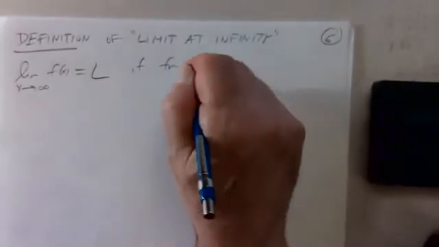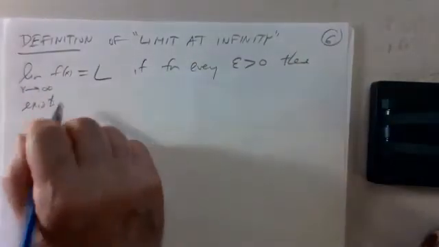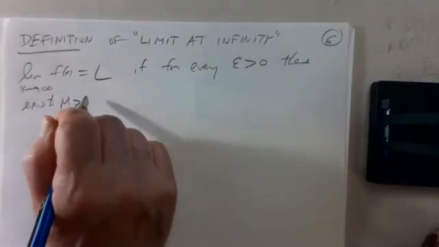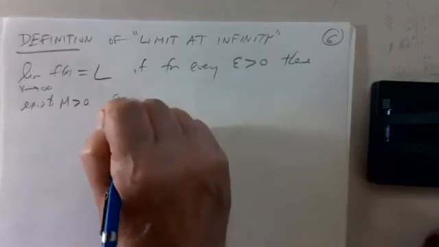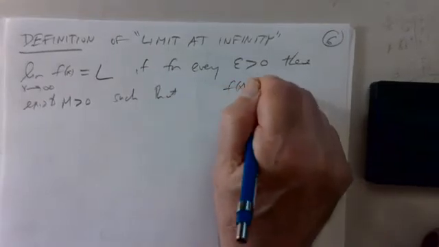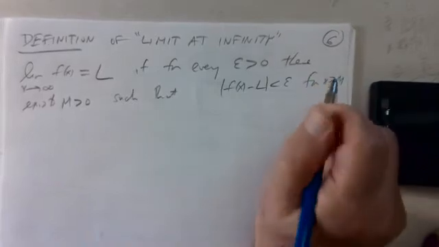To say that the limit of a function f of x as x goes to infinity is equal to L means that for any number, no matter how small, call it epsilon greater than 0, there exists a number m greater than 0 such that the difference between f of x and L is less than epsilon for all x greater than m.